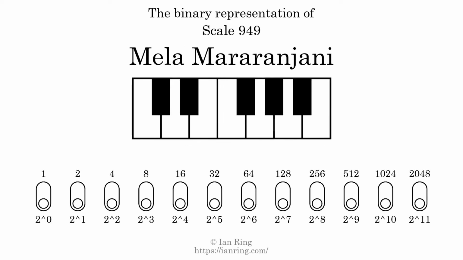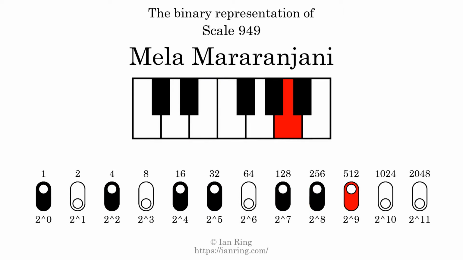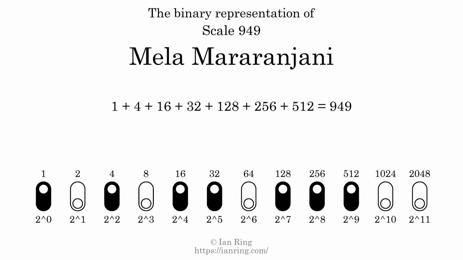The binary representation of this scale is determined by mapping tones of the scale to binary digits. Each binary digit represents a power of 2. To get the scale number, we add the powers of 2 together. The powers of 2 that are present in the scale, all added together, equals 949.